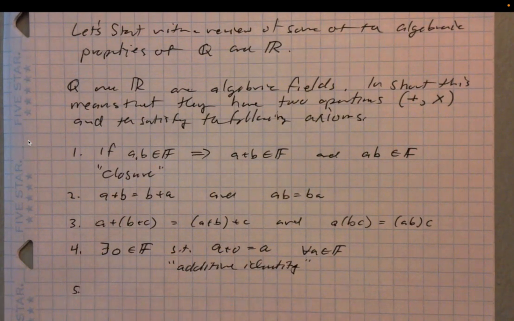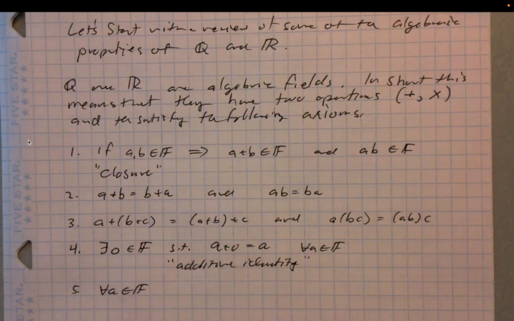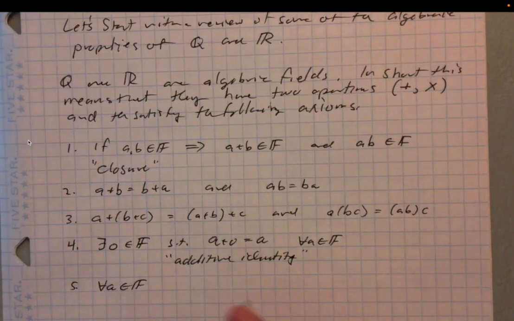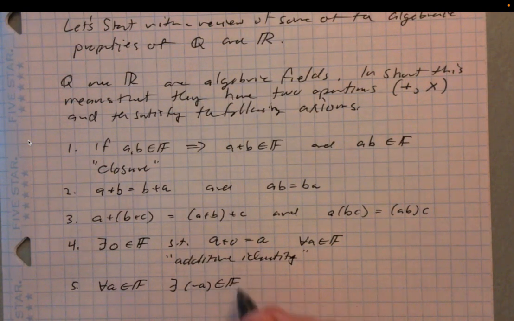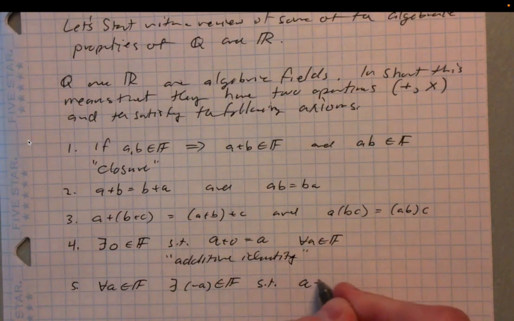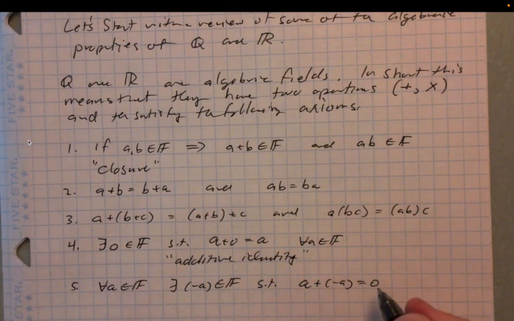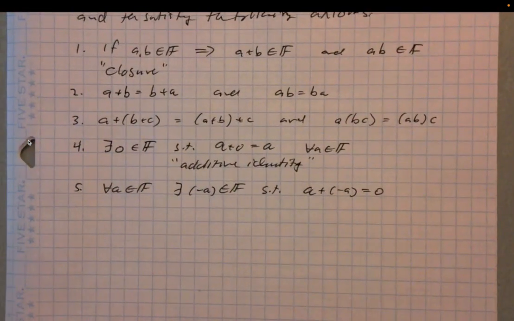Fifthly, for all a in the field, there exists a negative a in the field, such that a plus negative a equals the additive identity, right? And so what are these negative a's?